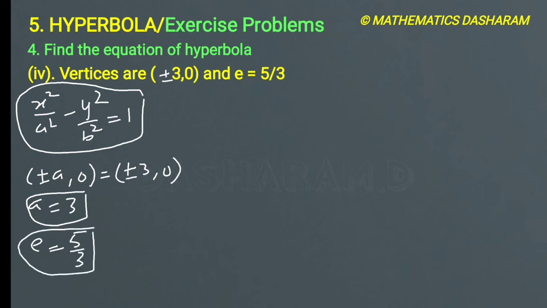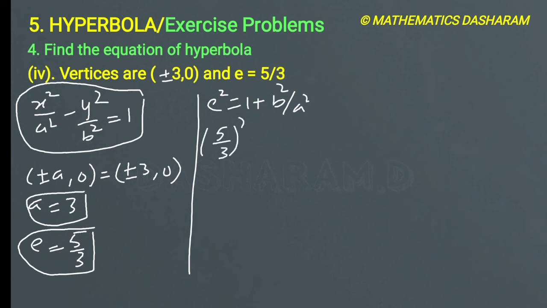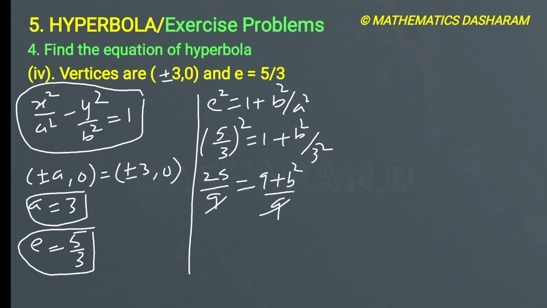To find the b value, I am using the eccentricity formula, e squared equals 1 plus b square divided by a square, where the e value is 5 by 3. So 5 by 3 whole square equals 1 plus b square divided by a square, 3 square. 25 by 9 equals 9 plus b square divided by 9. The 9s cancel, b square equals 25 minus 9, b square equals 16, then b equals 4.